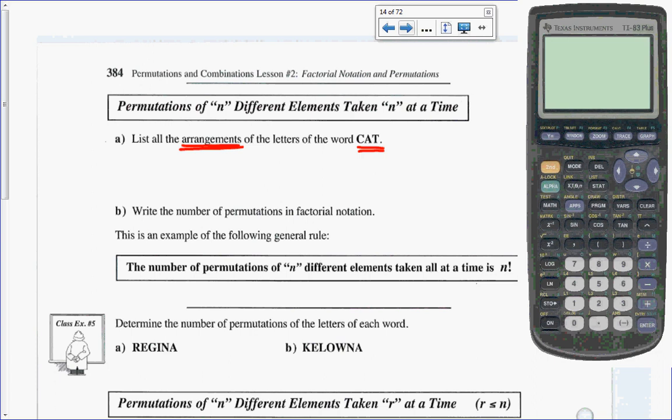So it could be C-A-T, could be C-T-A, could be A-T-C, could be A-C-T, could be T-A-C, could be T-C-A. Okay? When you are arranging letters or numbers, order is important, because C-A-T is not the same thing as A-C-T. They contain the same letters, but the arrangement, the order, is important.